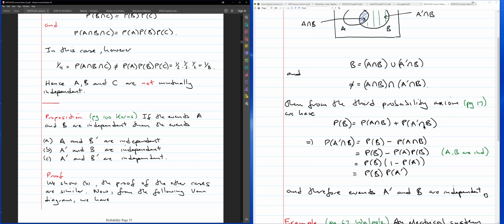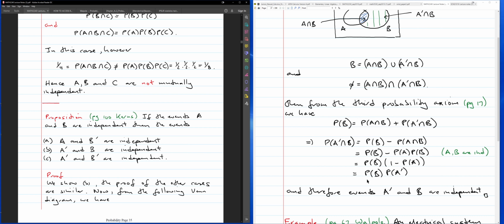So what I have is probability of A complement intersect B is equal to probability of B minus probability of A intersect B. Now I'm assuming here that A and B are independent, so probability of A intersect B is equal to probability of A times probability of B. Now I factor out probability of B, and here I have 1 minus probability of A. Now 1 minus probability of A, as we talked about, is equal to probability of A complement.